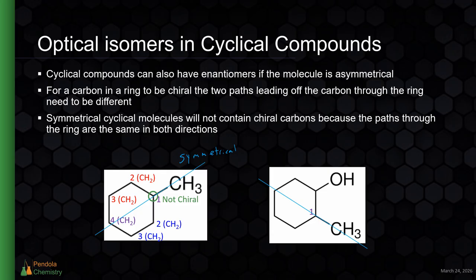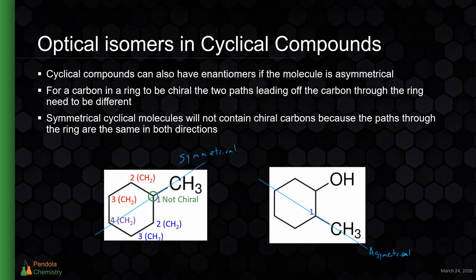This is asymmetrical. The asymmetry of this molecule tells us automatically that this is going to be a chiral carbon, because that carbon has 3 bonds that are visible, meaning we have a hydrogen, and it's an asymmetrical molecule through that carbon.